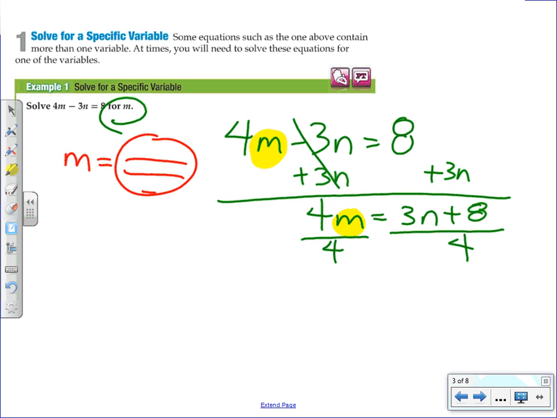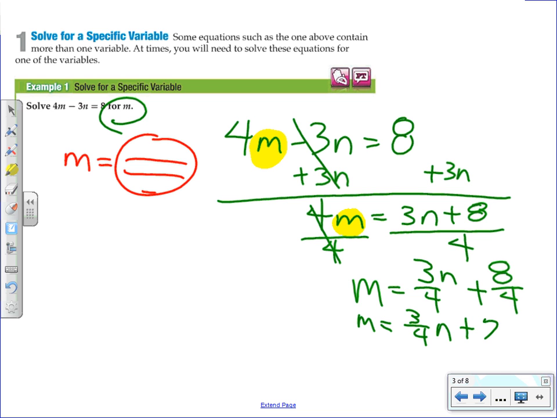The whole equation, just like we had to multiply the whole equation by 4, now we have to divide the whole equation by 4. So then we get m equals 3n over 4 plus 8 over 4. So that's the same as 3/4 n plus 2. And that's the solution to this problem.